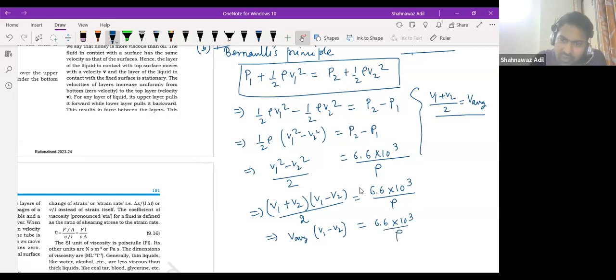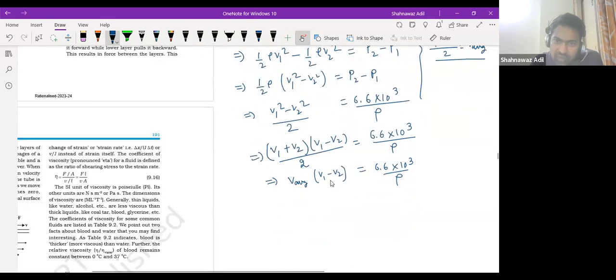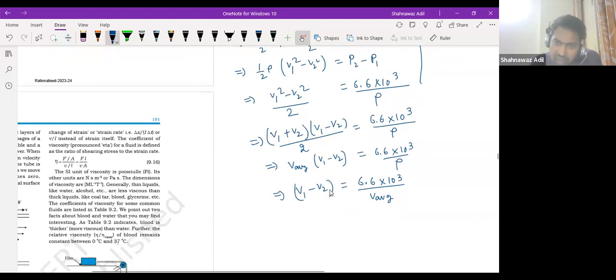So if we divide this thing by V average, and take this part to the other side, this would be how much? 6.6 into 10 to the power 5 over V average, right? So we have to calculate V1 minus V2 divided by V average.